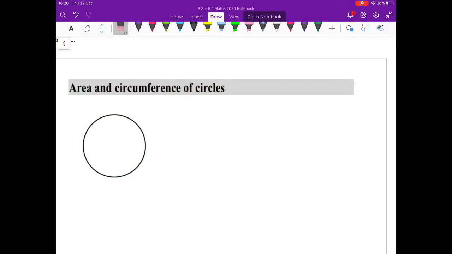In this video, we're going to look at the area and circumference of circles, and the circumference is actually just the perimeter. Right, when we work with circles, we work with pi, which you are going to use the pi button on your calculator, but it can also be written as 22/7 or 3,14 rounded off.